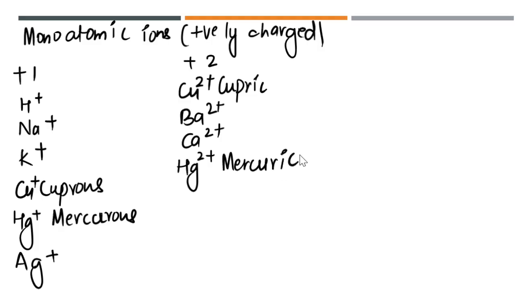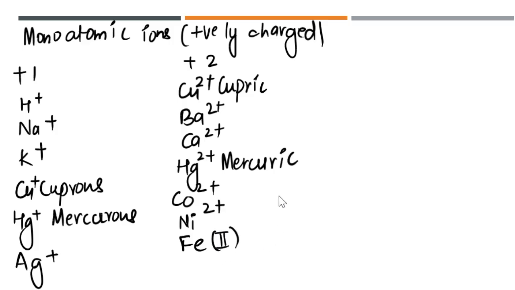This is mercuric. Cobalt, nickel. Iron again has 2, so Fe2 positive, which is generally written like this, Fe2. So this is going to be ferrous.